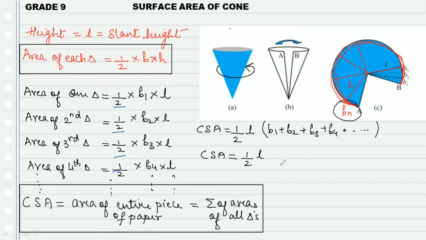And this curved boundary is actually the circumference of the circular base. जब आप इसे फिर से फोल्ड करोगे तो आपको ये सर्कुलर बेस मिलेगा, राइट? तो ये जो सर्कुलर बाउंड्रीज का टोटल है बच्चों, दैट इज एक्चुअली सर्कमफ्रेंस ऑफ द सर्कुलर बेस. So here CSA is equal to half into slant height into length of entire curved boundary.